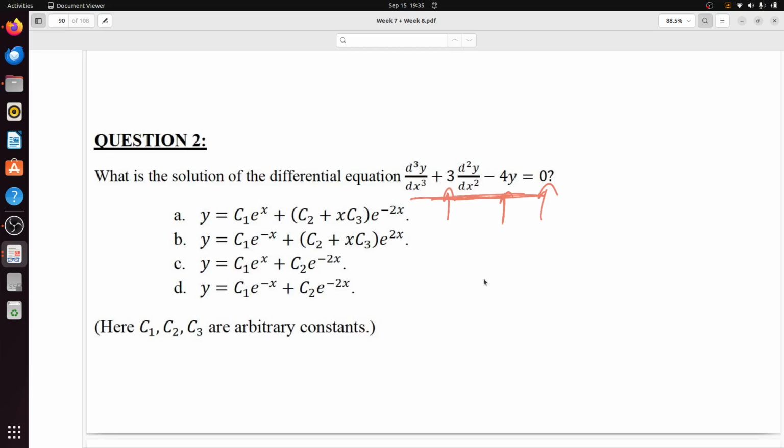Just a moment. Please write down first the problem. What is the solution of the differential equation d cube y by dx cube? I think it's the first one. Answer A. Okay, let's solve.